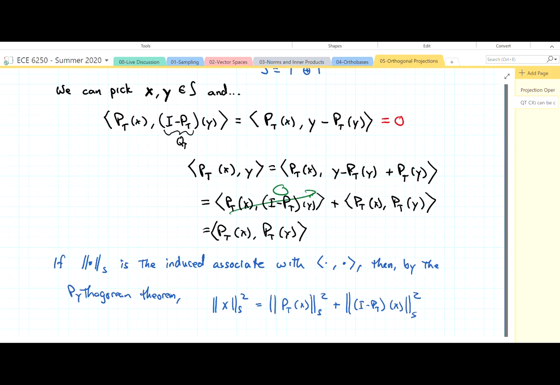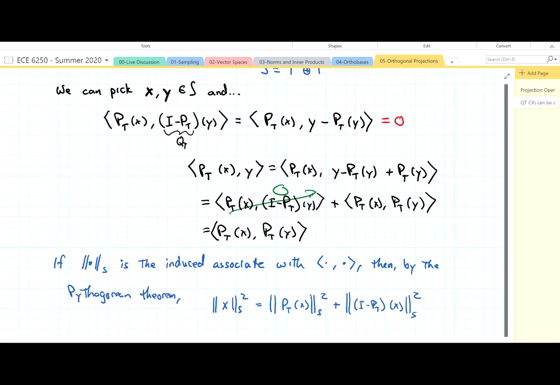Okay, how would we go about proving this? Basically, I'm not going to walk through it right now, but it's a direct application of what you've seen above.